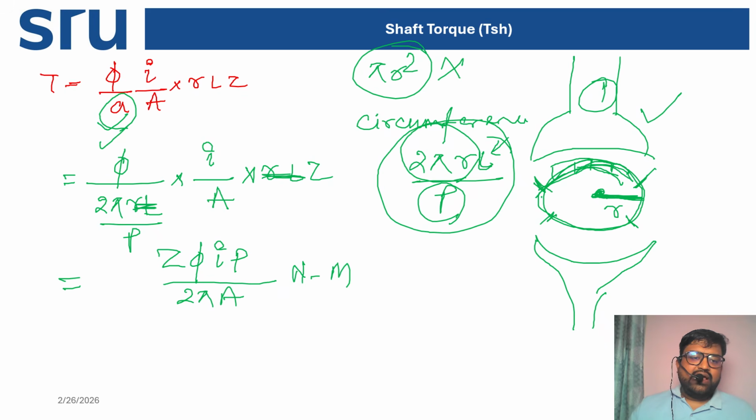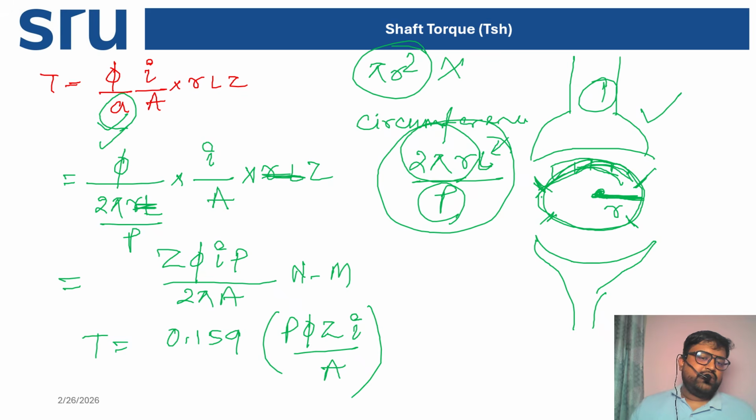Then we can simplify this. The torque is nothing but equal to 1 by 2 pi, which is 0.159, into p phi z I by a, what you are getting.